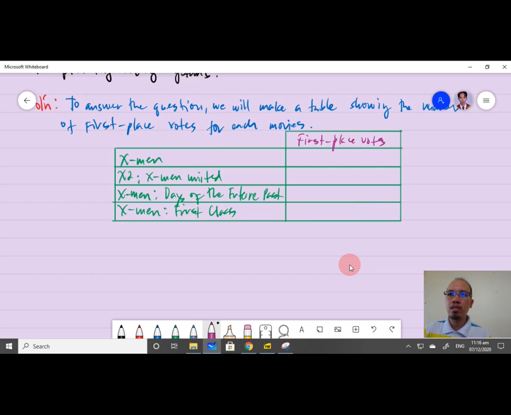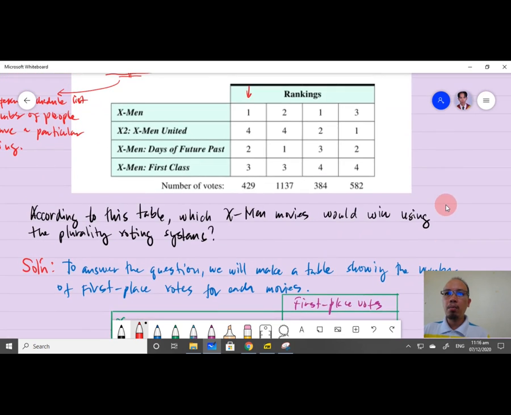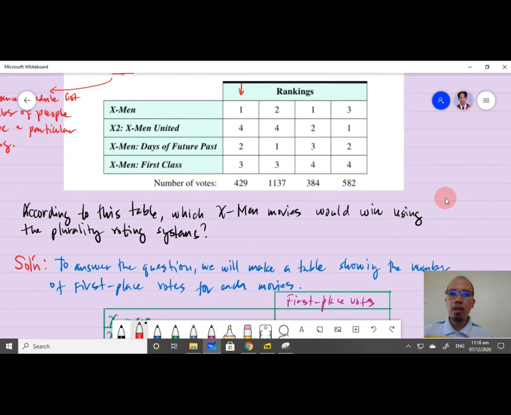So how do we interpret this table? When you are going to get the first place votes, just look at the row. This row 1 is for the X-Men.